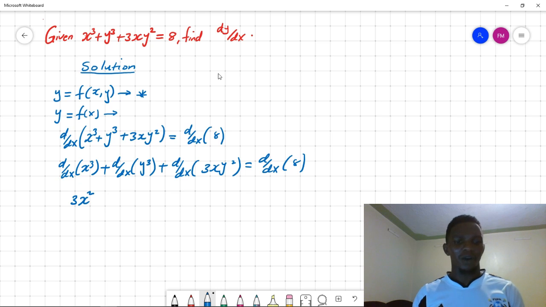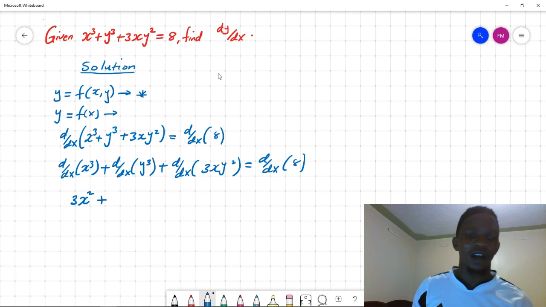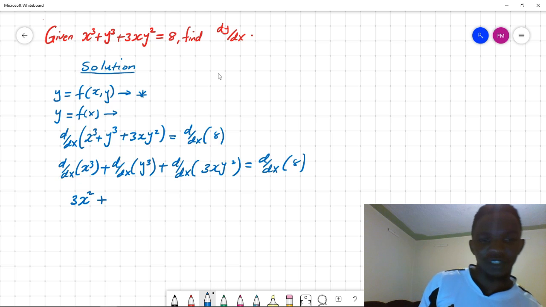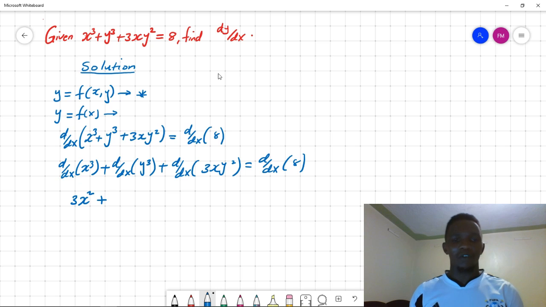Then plus. Now where we need to be careful is whereby we are differentiating with respect to x, but the term we are differentiating has the y variable. So remember that y is a function of x. So how do we go about it?